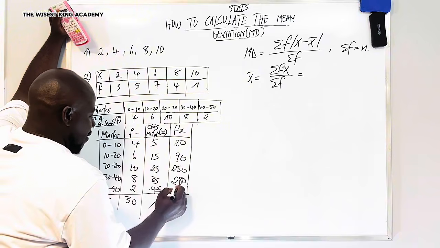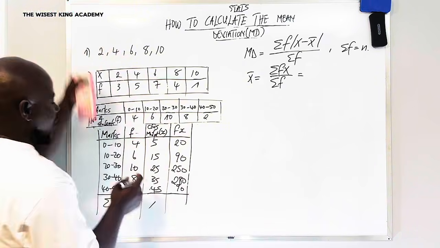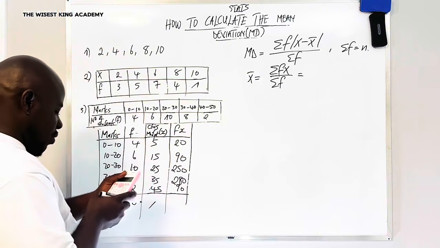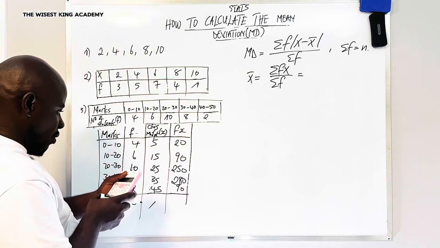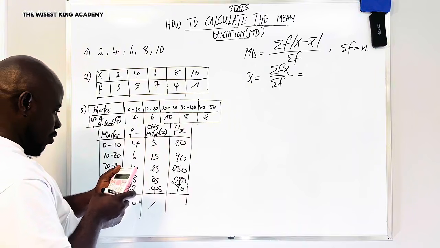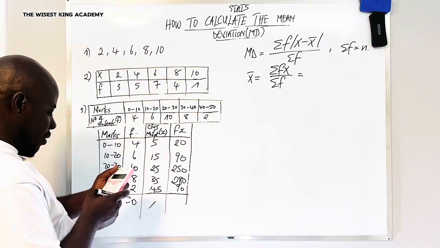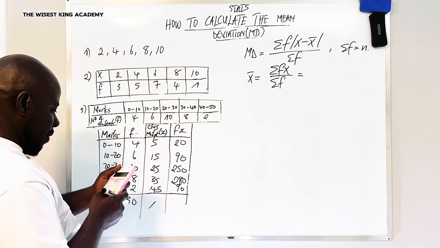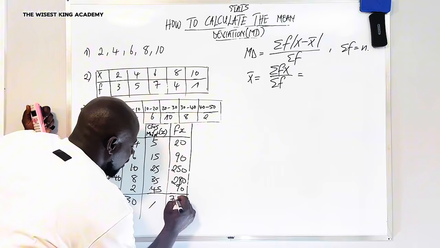And lastly, we have 90. Let's add and see what it gives. 20 plus 90 plus 250 plus 280 plus 90. That's going to give us 730.